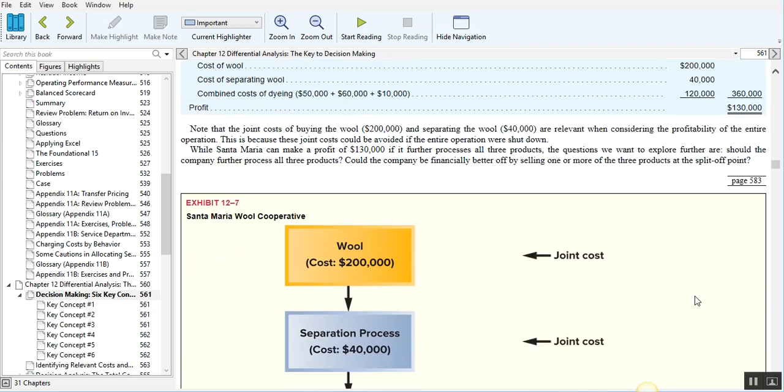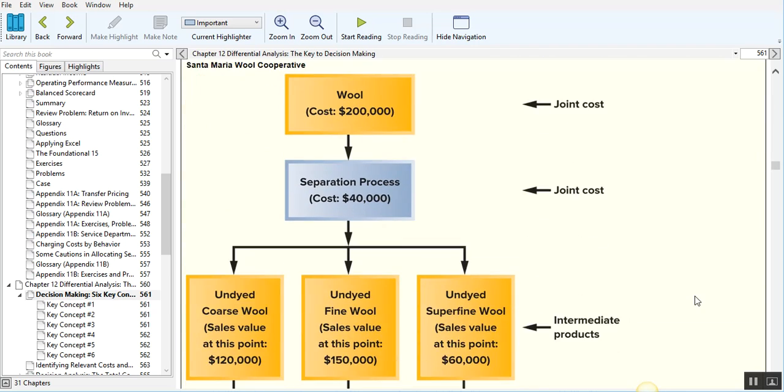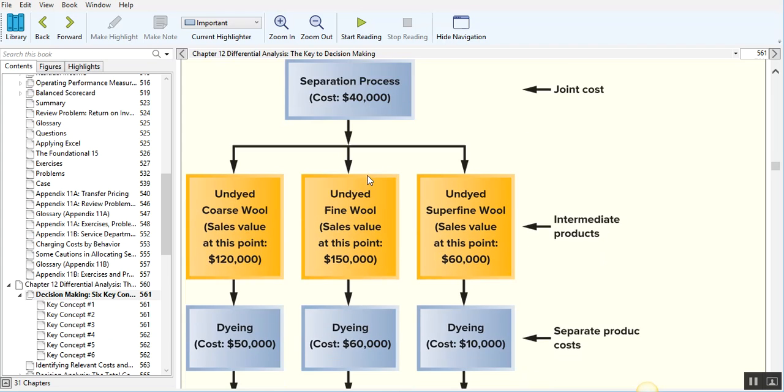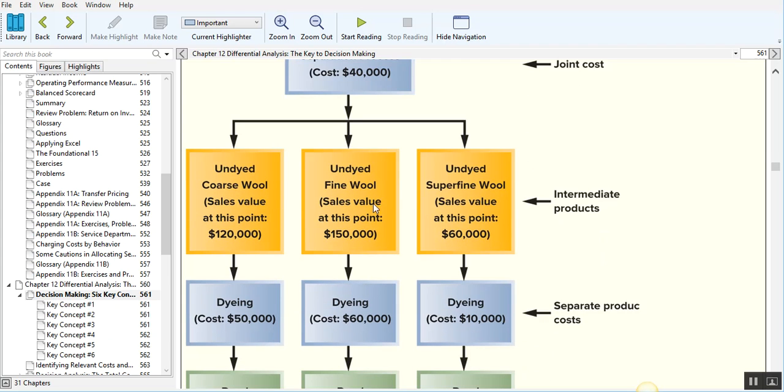They do some of that analysis here. So here's an example with wool. They have a separation process. The cost for the wool, that's a joint cost. The separation process is a joint cost. And then they split these different kinds of wool out, and they have the cost associated with them here.